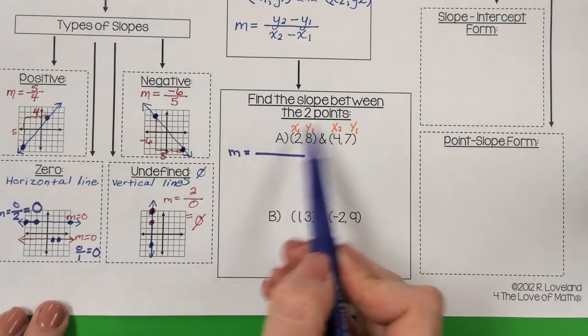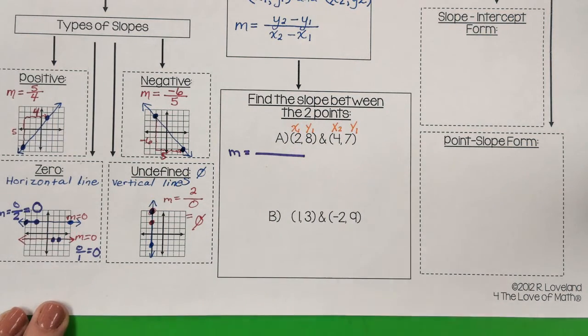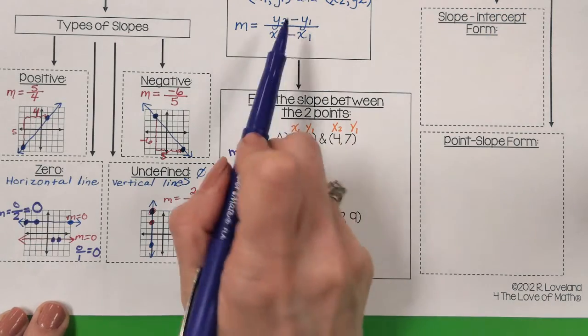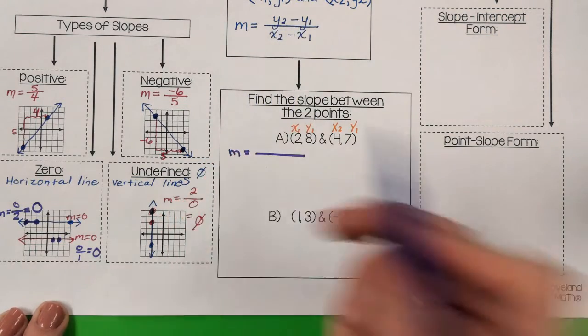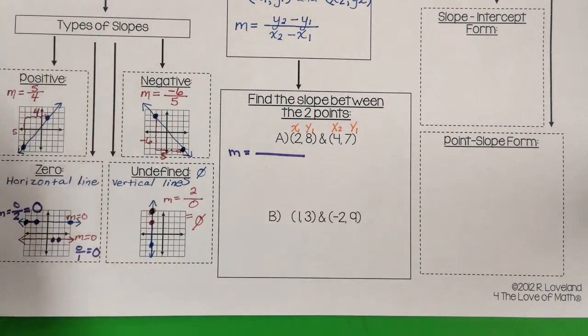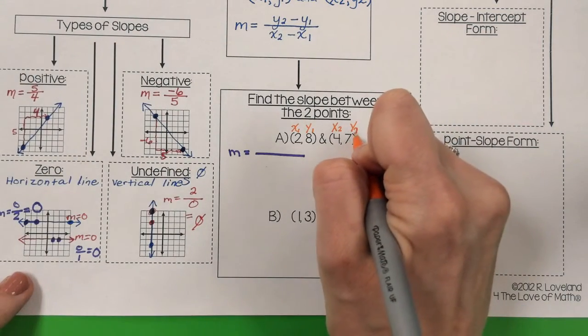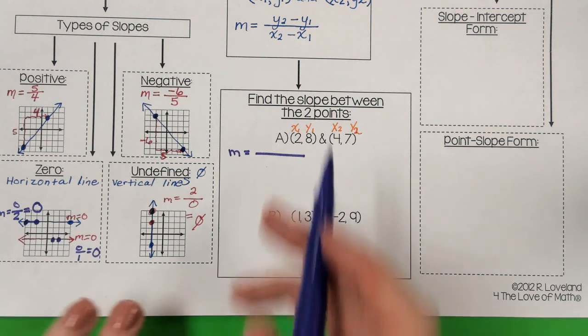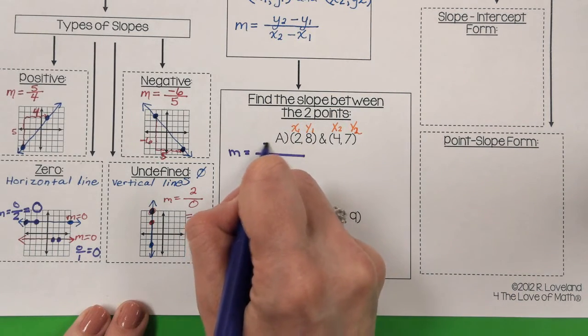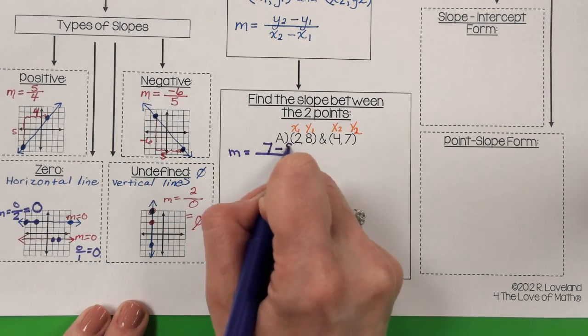And we can fill these into our formula here. The formula is you subtract the 2 y's up here. So this is the second y, so I should make that a 2. So the second y minus the first y.